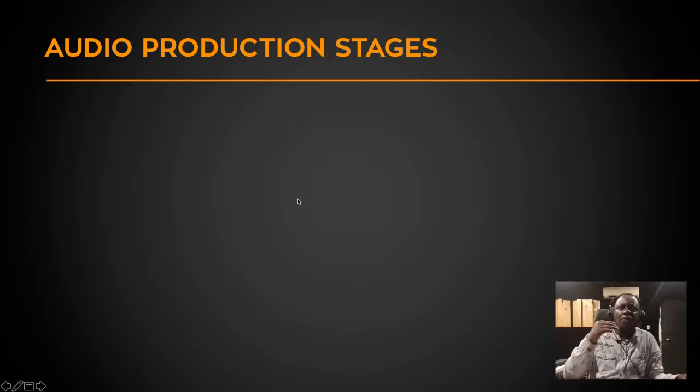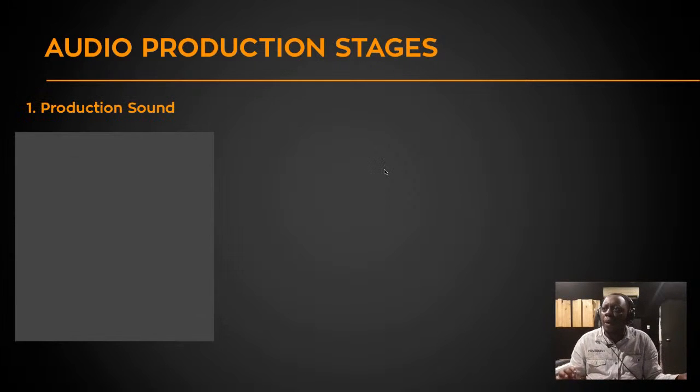I want to briefly discuss the stages. What are the stages in the audio production process in film? We have production sound. Production sound is when you get the audio on set. You go on set to capture audio.